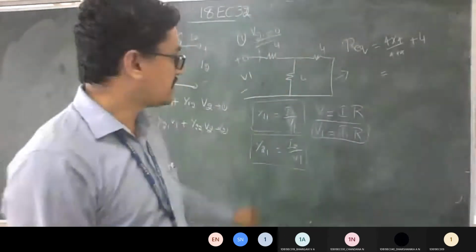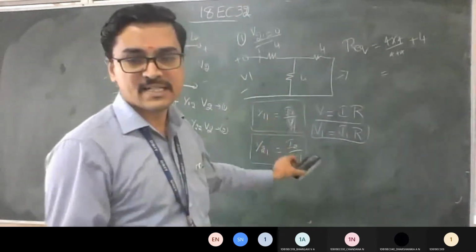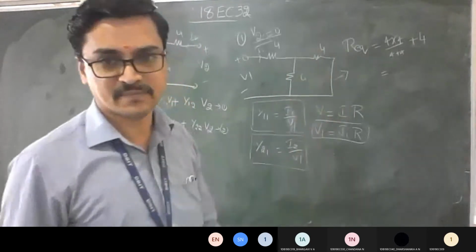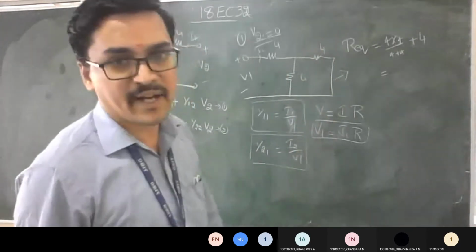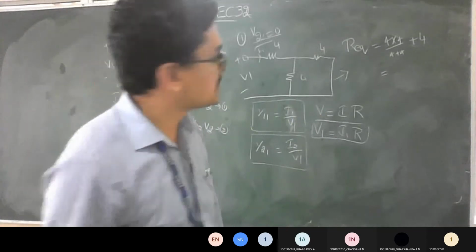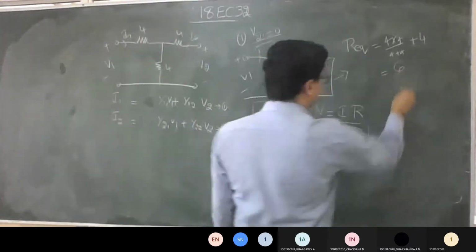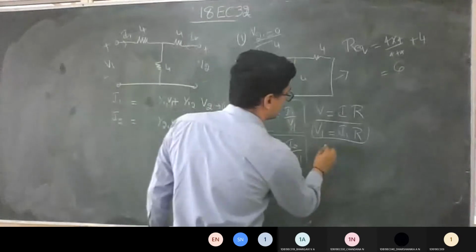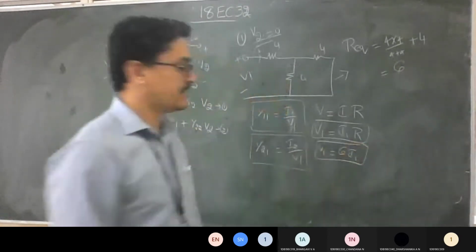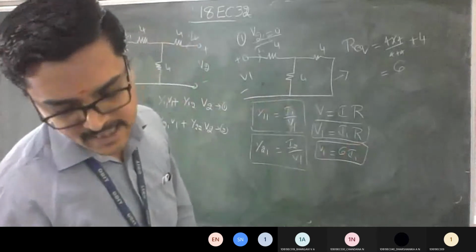I'm trying to convert V1 in terms of I1 in such a way that if I substitute here, the I1 term gets cancelled. What is R equivalent? 6. So can I write my V1 as 6 I1?